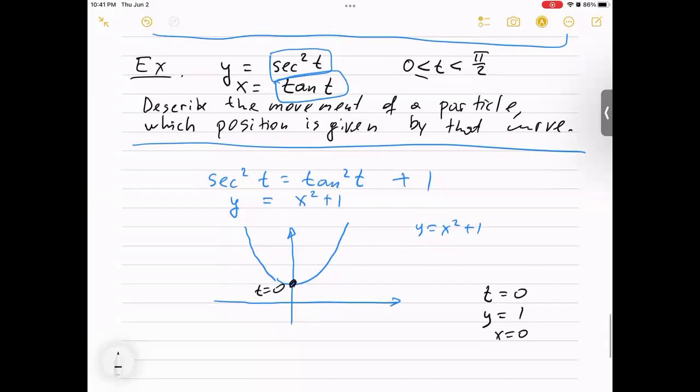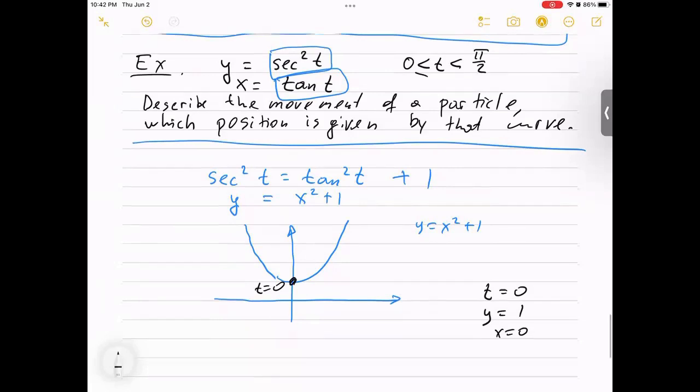Now, if we try to plug in the upper bound pi over 2, we get secant squared of pi over 2, but that is undefined.